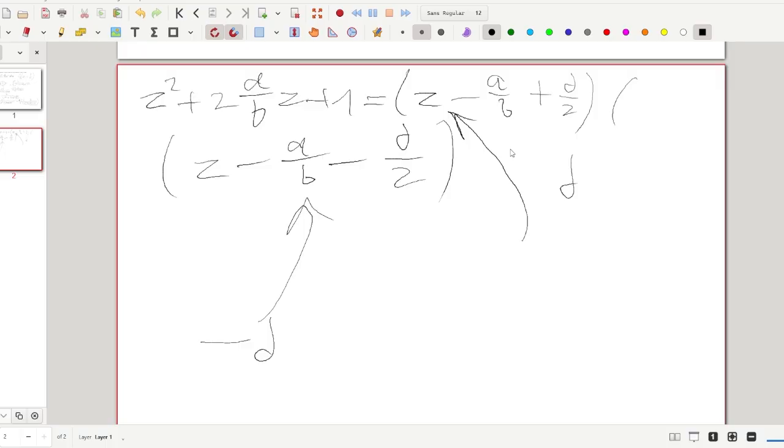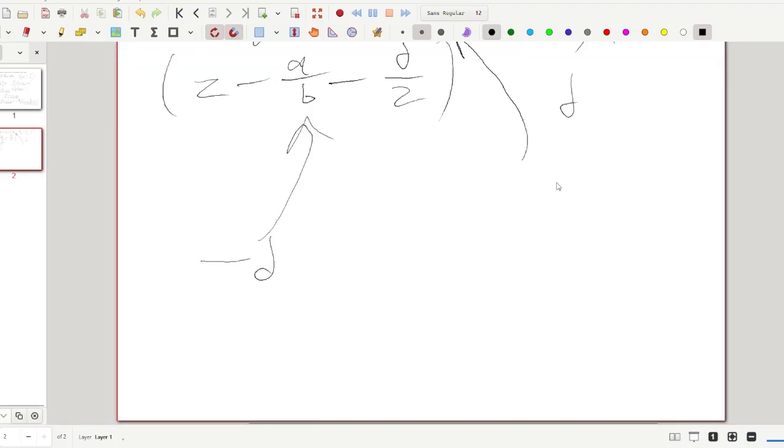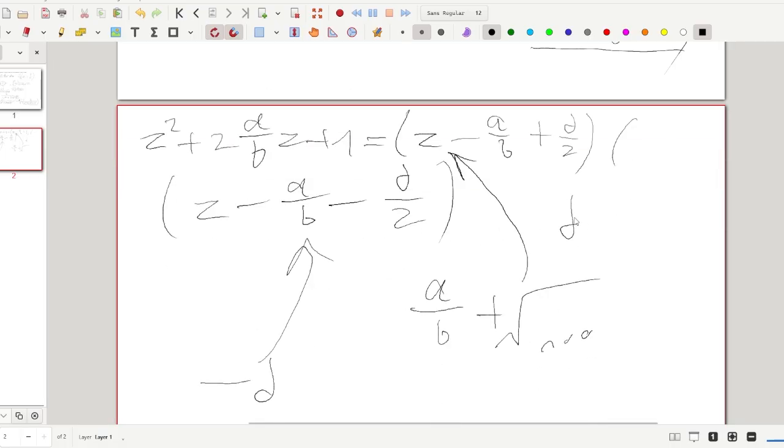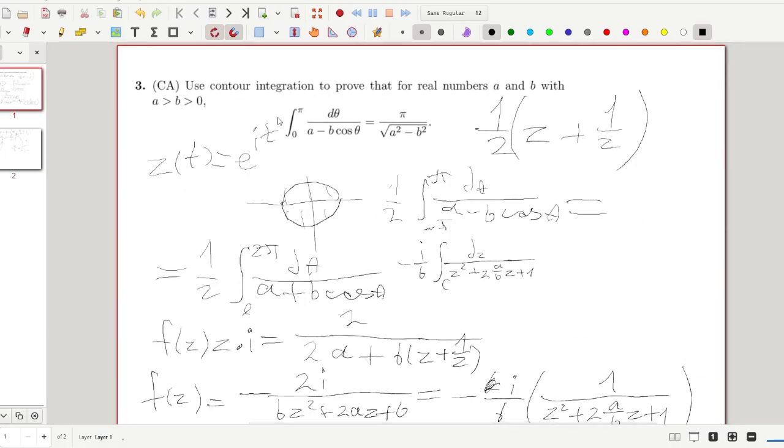Alright, now let's find what points lie within the circle and what points don't. Well, when we look at a over b plus that root expression, recall how a over b is going to be greater than 1 because they're both positive and a is greater than b.